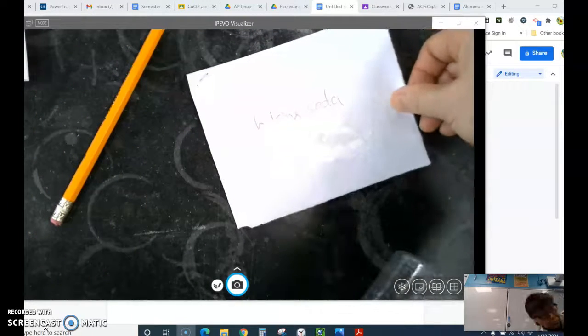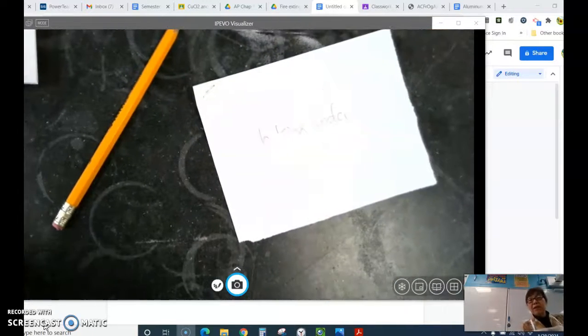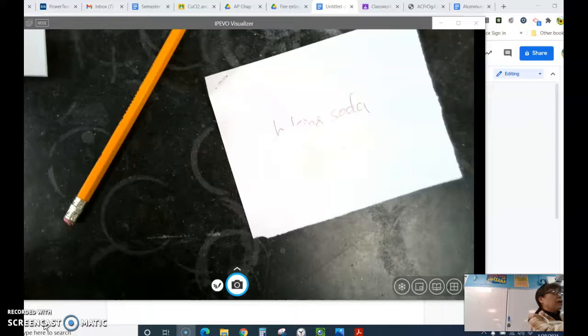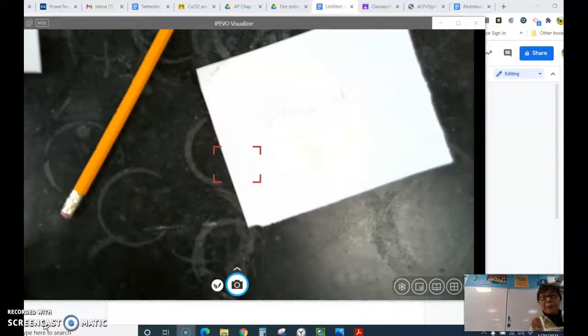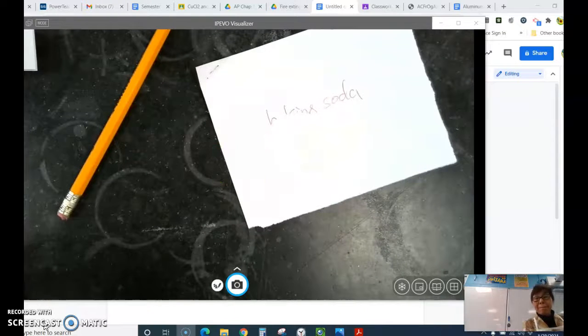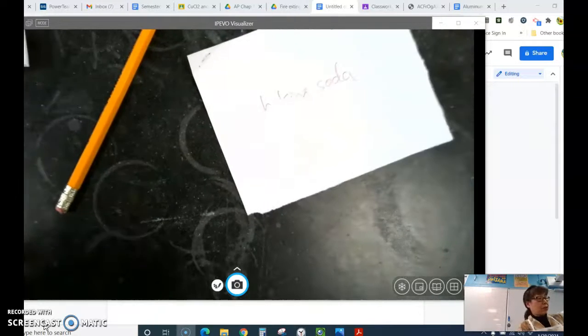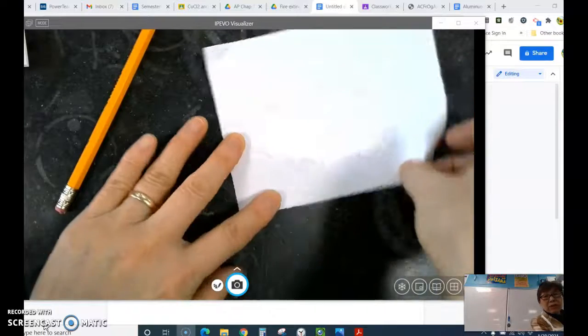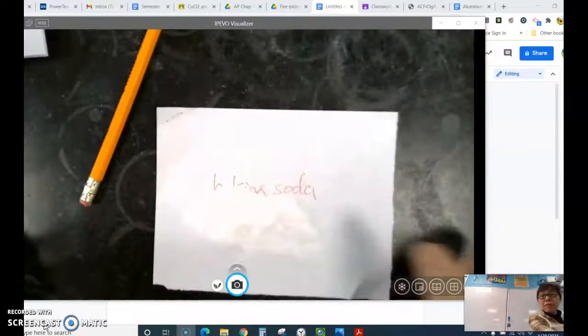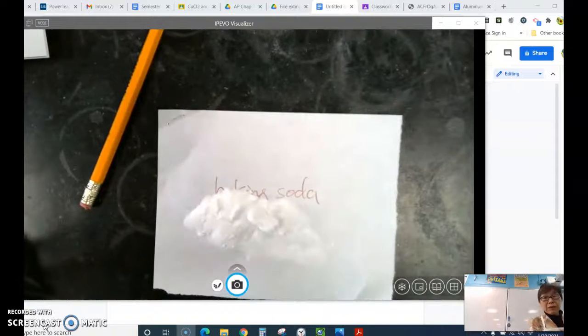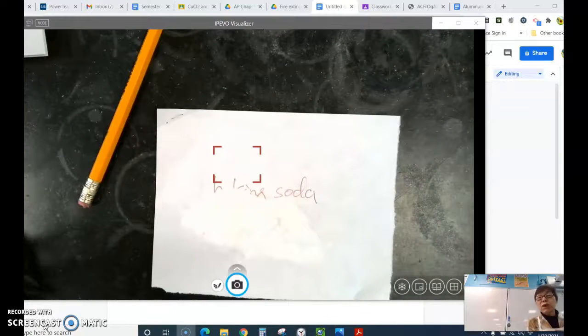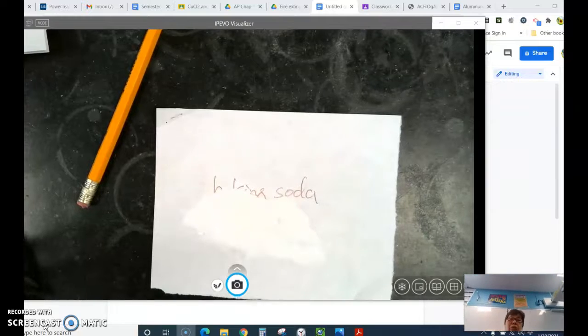Can you see? Let's focus again. Hopefully you see better now. Those are baking soda for you to see.